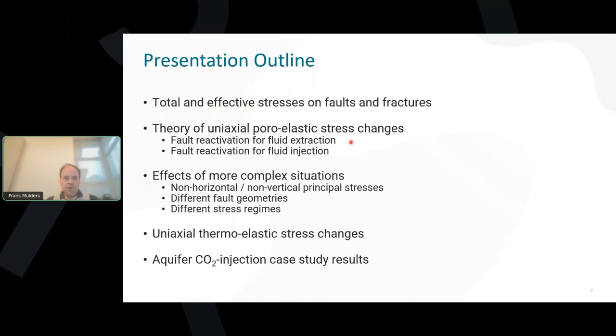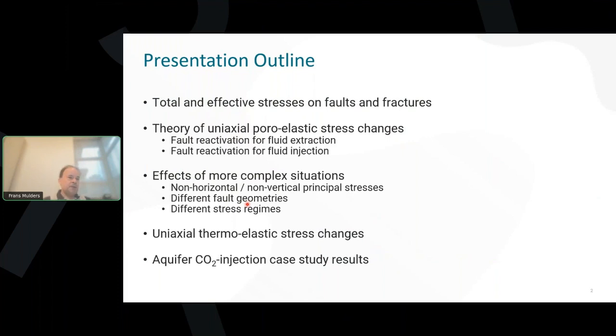Then I will show that analytical solutions can go a certain way, but real situations are more complex. For instance, with a tilted SV or S1 rather, non-horizontal, non-vertical principal stresses, or very specific fault geometries which go beyond what you can do with analytical methods.